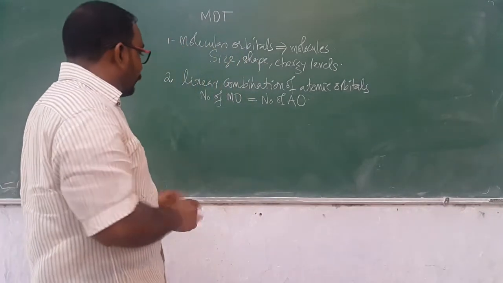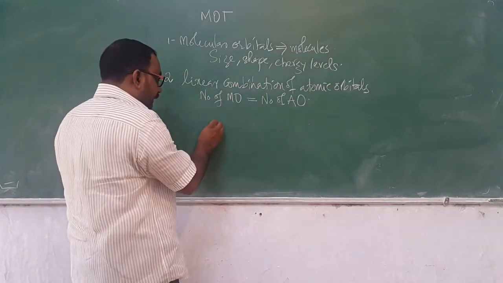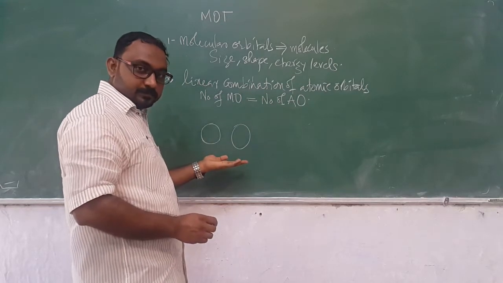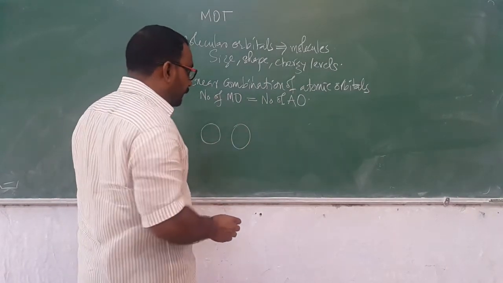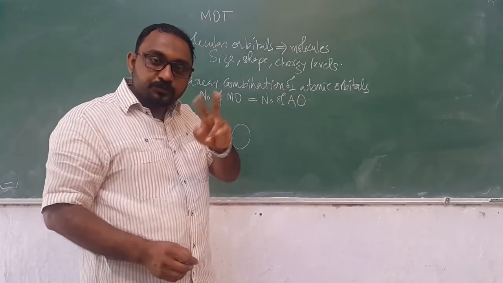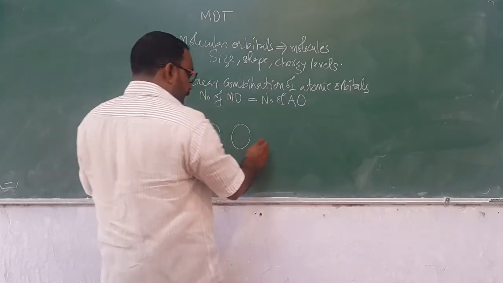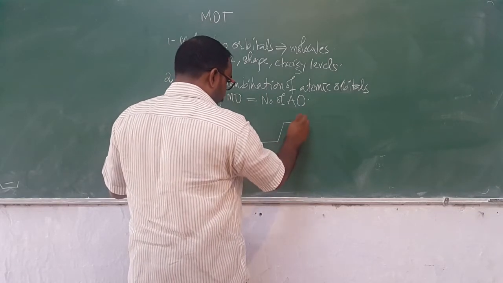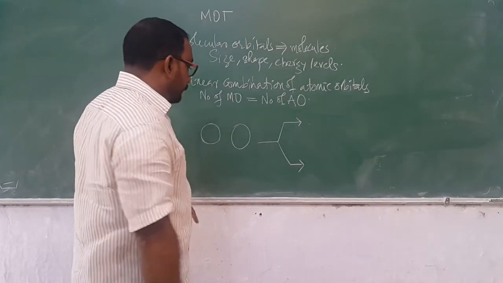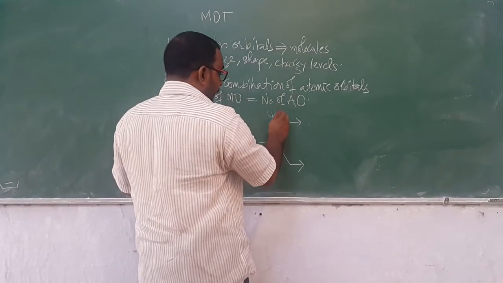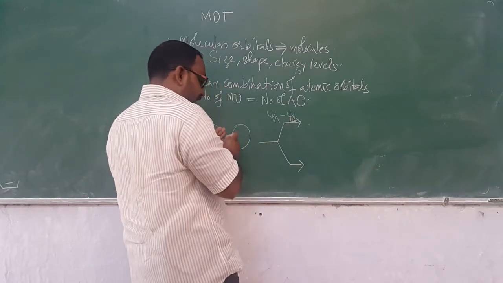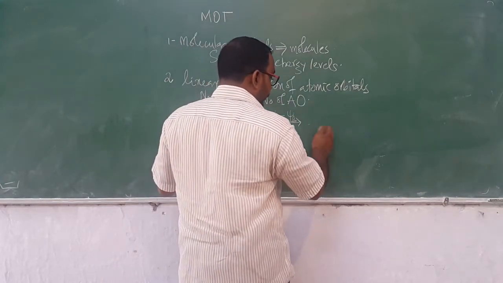This is how the diagram looks if you take the s orbital, a normal s atomic orbital. When they go for linear combination, they can have two modes: one is subtractive mode, the other is addition mode. When it is psi A minus psi B, it is subtraction, and it comes like this.